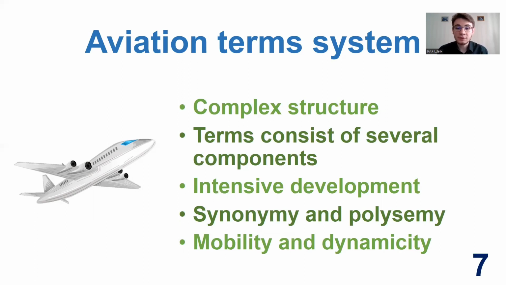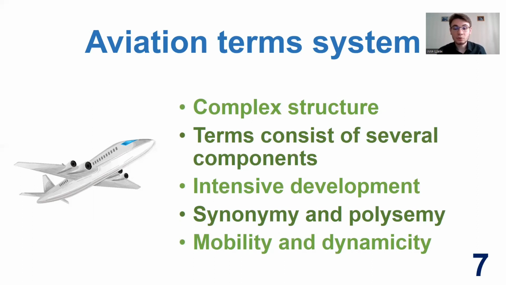Then its terms can consist of several components. Aviation term system is on a stage of its intensive development. That means this system is not steady. Some new words are appearing there.